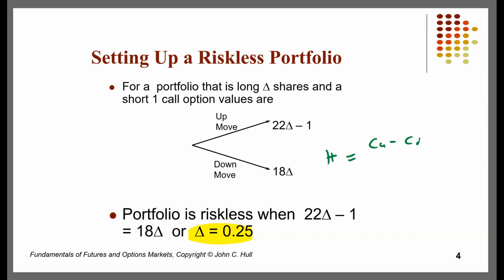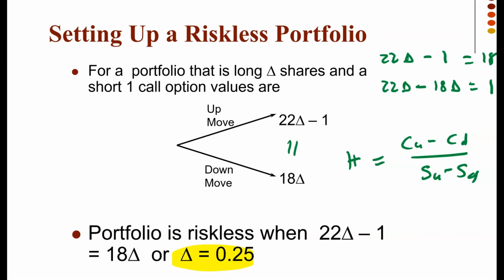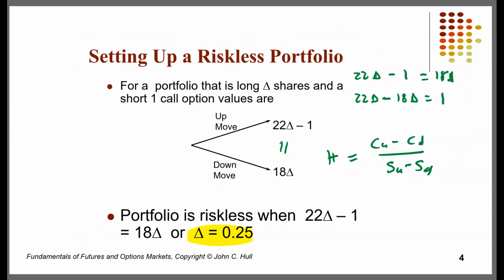And that for us was equal to call up minus call down divided by stock up minus stock down, which is essentially what they did here, where they equalized this, right? So if we say 22 multiplied by delta minus 1 is equal to 18 delta. What that means is 22 delta minus 18 delta is going to be equal to 1, which means that delta multiplied by 22 minus 18 is equal to 1.